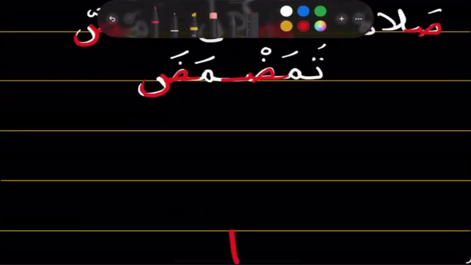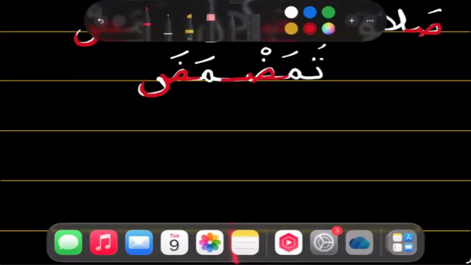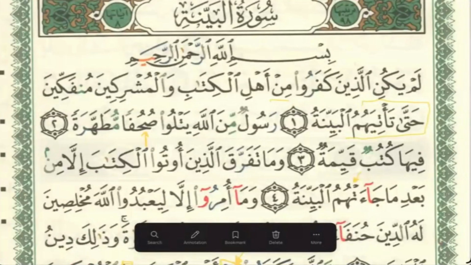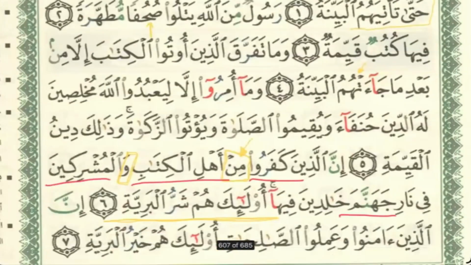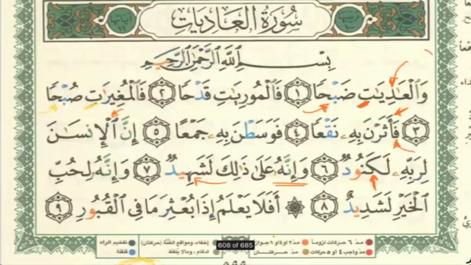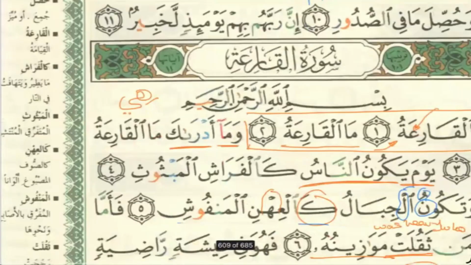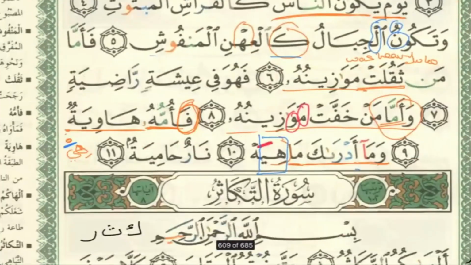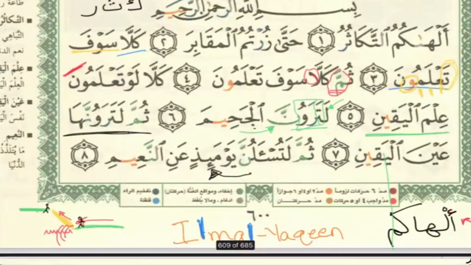Want to take a look in the Mus'haf? Let's see. Ah, there's the Mus'haf right there. Alhamdulillah. So, what do we have here? We're looking for seen, sheen, sod, and bod.